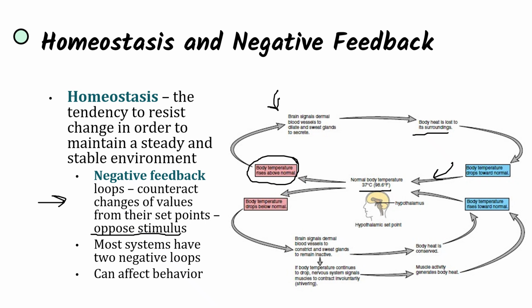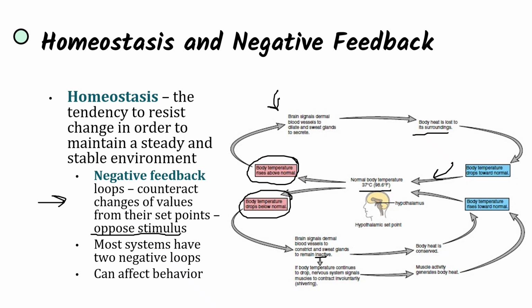Now, conversely, if the body temperature drops below normal, then the blood vessels are going to constrict so that the heat can be preserved. It's not going to be lost to its surroundings. Sweat glands are going to be inactive, and if it drops even lower, then we're going to start involuntary contraction of the muscles, i.e. shivering.